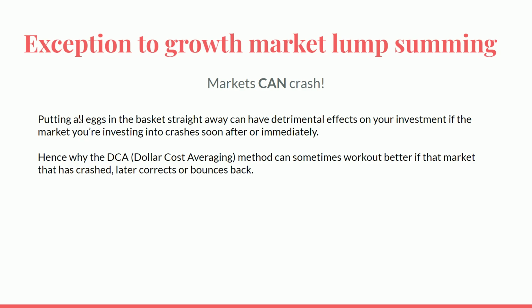Whereas in a dollar cost averaging approach, if the market does crash and bounce back or correct, only some of your investment would have been at the high price, and many of the others will be at a lower price. You wouldn't have put all your investment money straight into that one place, which is essentially the exception to lump summing on a market you think will grow.